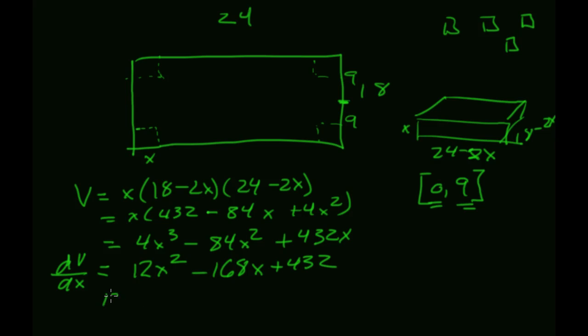So we have to set this thing, 12x squared minus 168x plus 432, equal to 0.